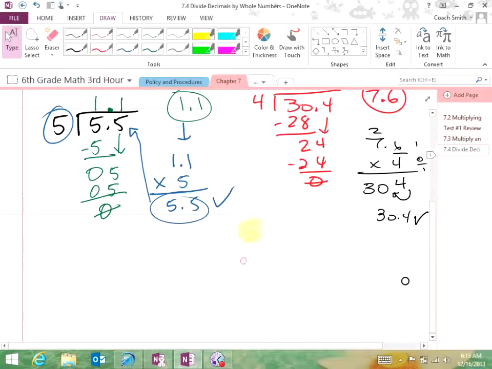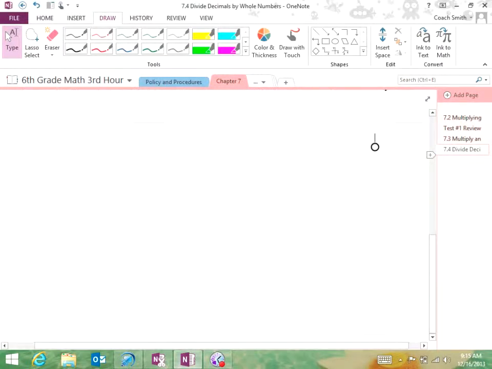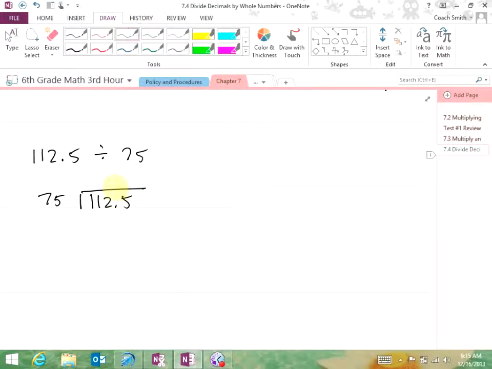All right, next. Let's say they had 112.5 divided by 75. Once again, that's 75 into 112.5. 75 goes into 112 one time.